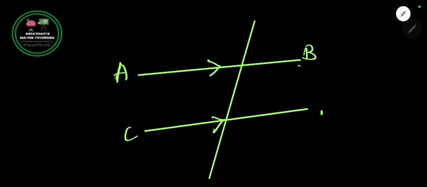Okay, so when we talk about parallel lines, there are so many things that you can conclude about them. So this is our transversal line, and I'm not going to explain what a transversal line is. Line AB and line CD. Now what can we say about parallel lines? For parallel lines, we have what we call alternating angles.